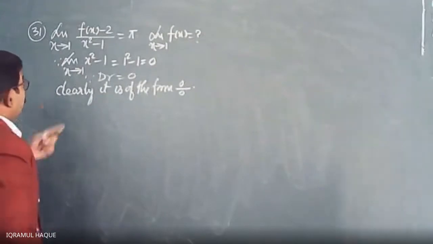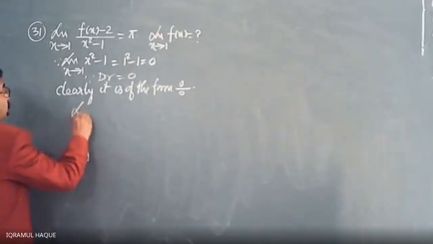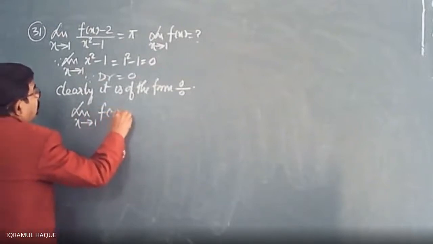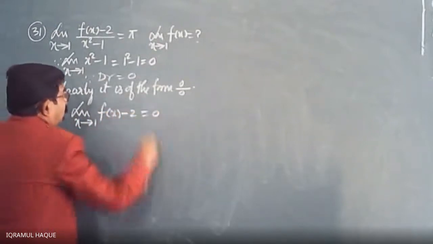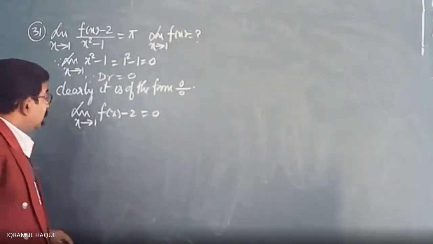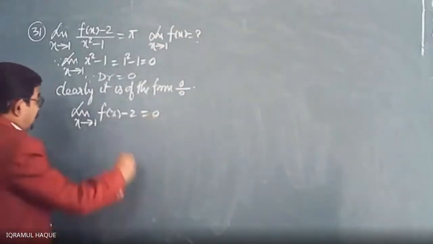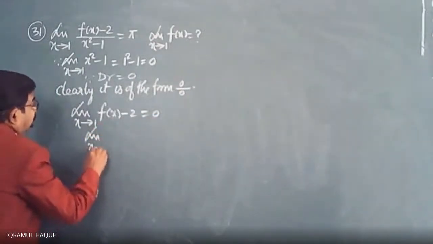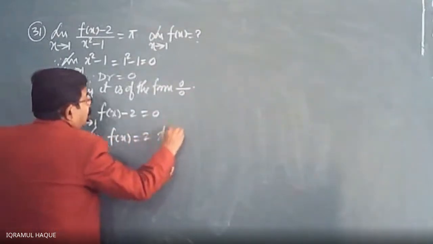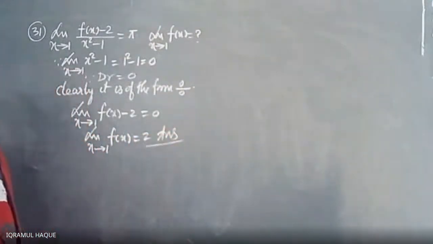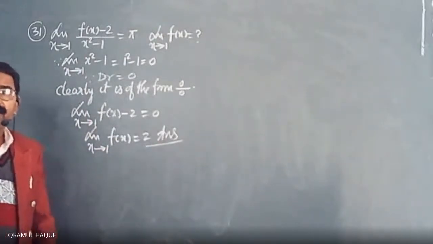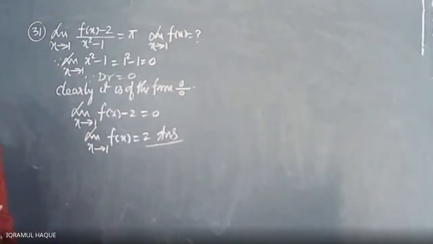So the numerator becomes 0: limit x tends to 1 of f(x) minus 2 is equal to 0. Send this to this side. So we have limit x tends to 1 of f(x) is equal to 2. This is the answer. Got it? Very simple question it was.